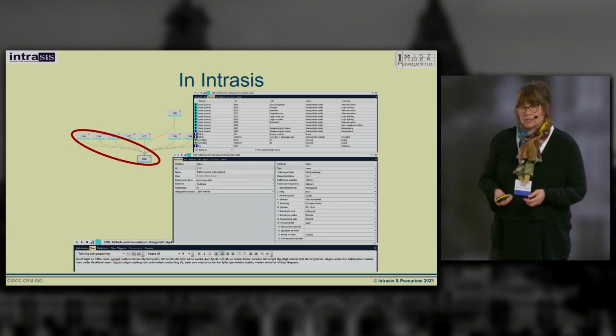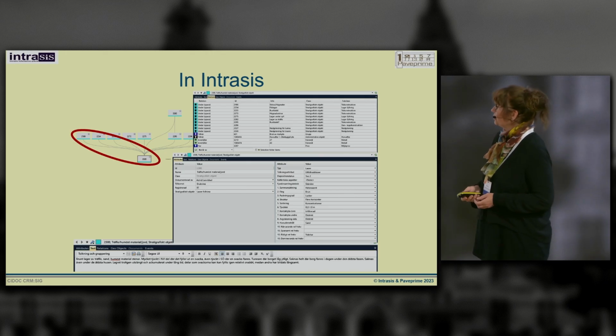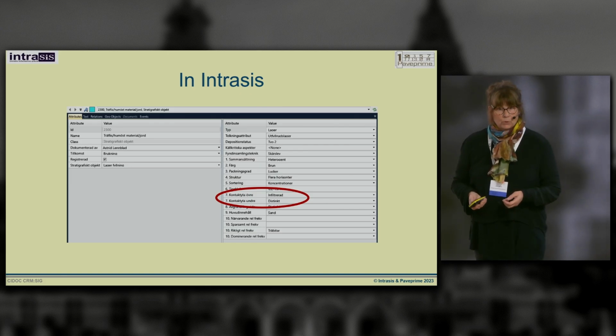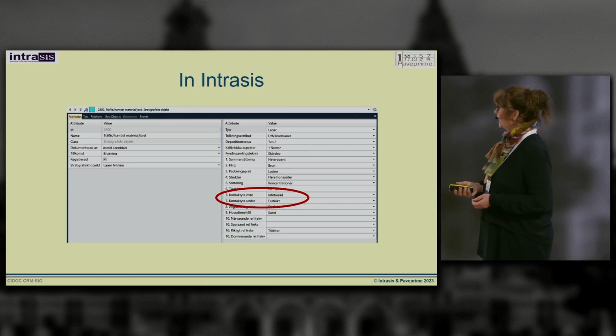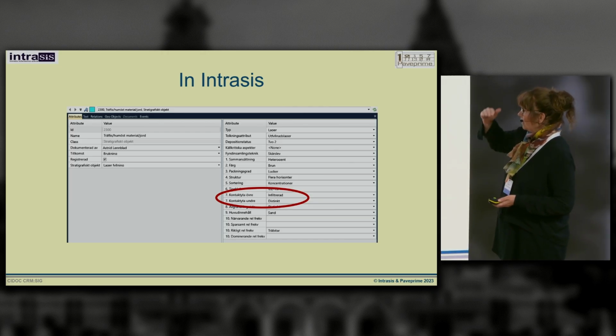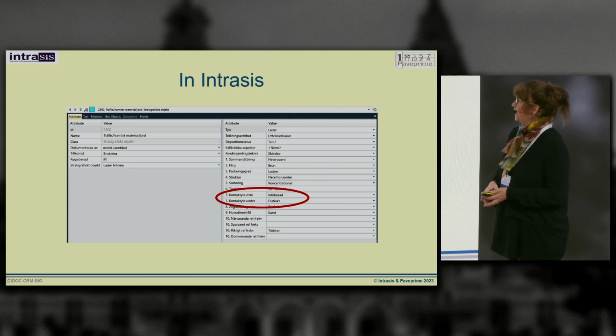But what you can't see are the interfaces, because we treat the interfaces in a different way. They are attributes. So here you have an interface, upper interface, and a lower interface to the layer, and then there is a type that describes how that interface is.